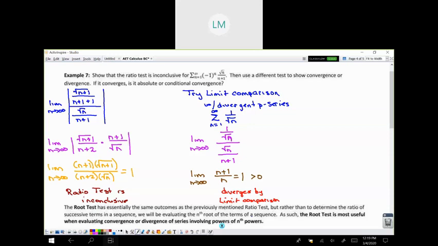But what was one thing that I didn't notice here? This is an alternating series. So we need to check and make sure whether it fits the alternating series test. So we have to come back here and we've got to check that. So again, we need to do the nth term test.